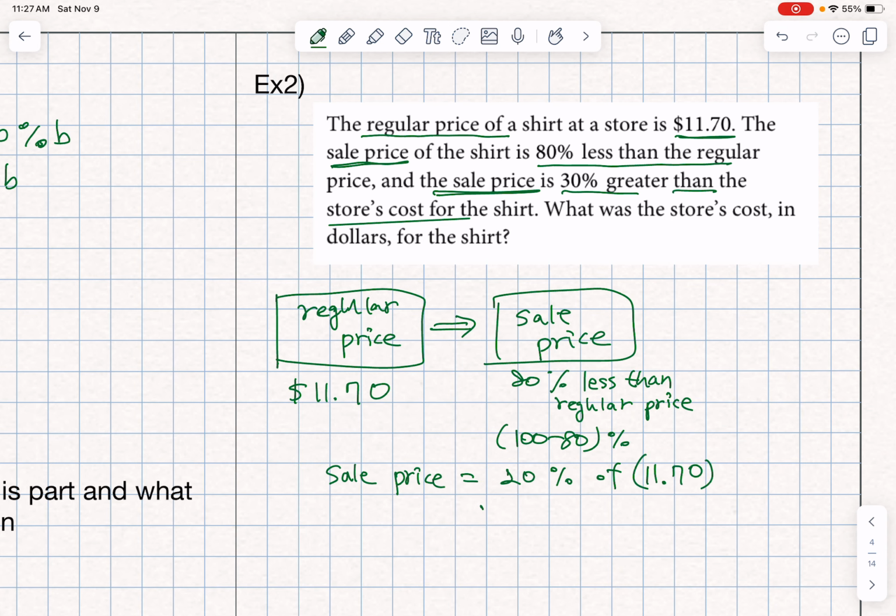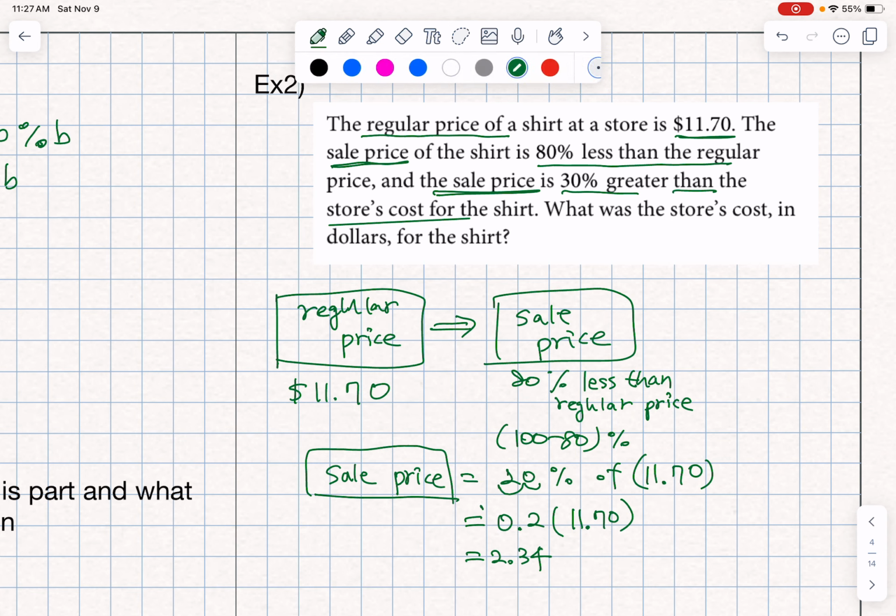We don't know how much that is right now, but we can change that to an equation. 20%, two places to the left, 0.2 times $11.70. So that will give you $2.34. The sale price will be $2.34.